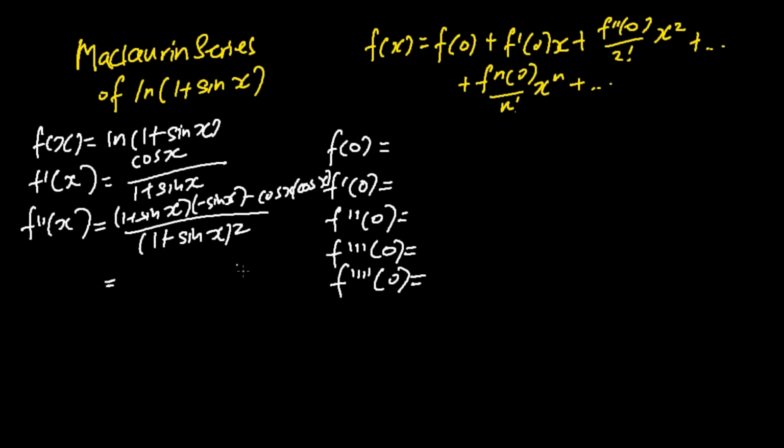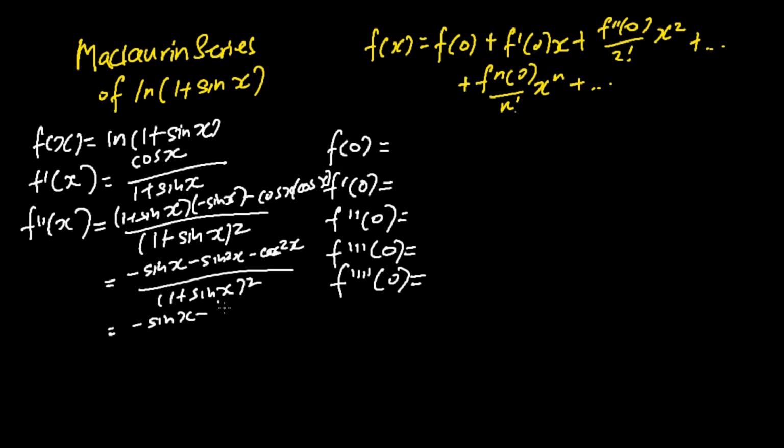To simplify further, we have negative sin x minus sin squared x minus cosine squared x over (1 + sin x) squared, which can be further simplified.